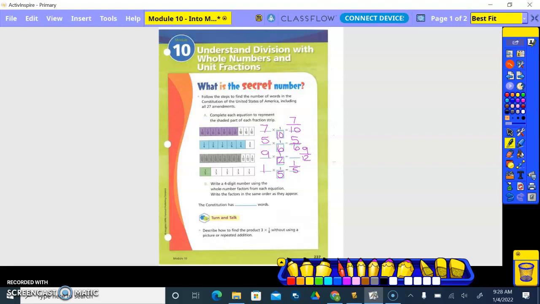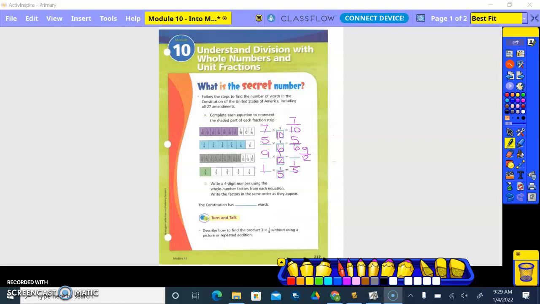So write a 4-digit number using the whole number factors for each equation. Write the factors in the same order as they appear. So the Constitution has how many words? So basically they want a 4-digit number, okay?